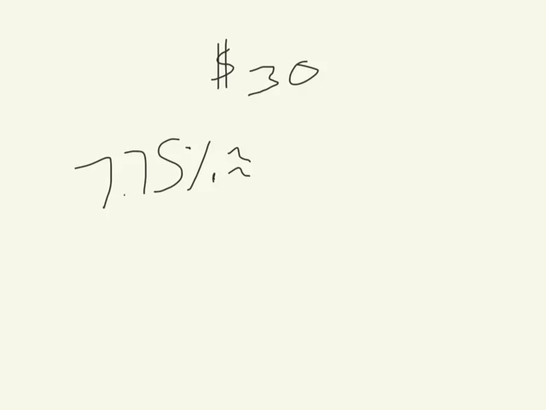But unfortunately, there's a sales tax involved, which is a little over 7%. So what we want to do is go ahead and estimate this to an easier percentage to work with. So let's estimate this to 10% and multiply that by $30 to see what our tax is going to be.